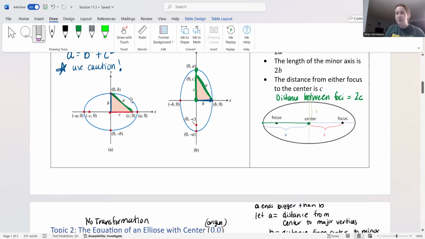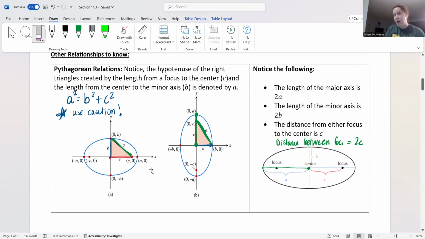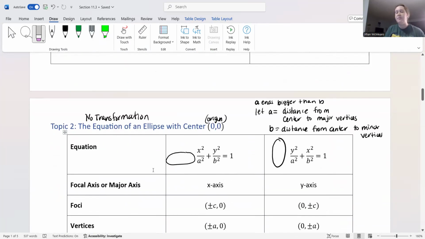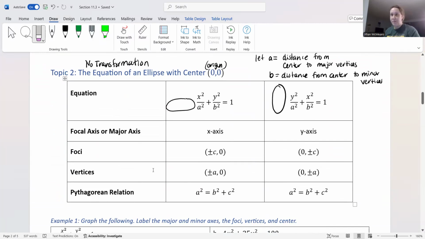We'll be given values for a and b, and we can use this Pythagorean relationship right here to figure out what c is. So we'll have to find c, and then we just basically go up or down on the y-axis, or left or right on the x-axis from the center, c units. Now the vertices are always going to be from the center plus or minus a units, left and right or up and down depending. And then b, we don't worry about it quite as much.